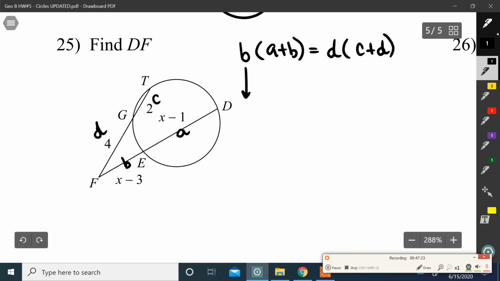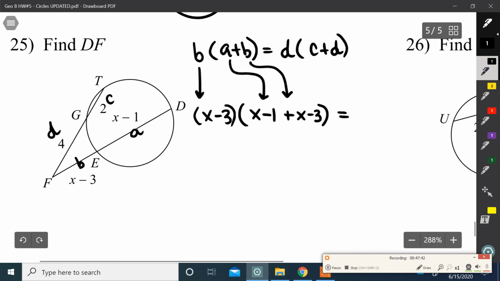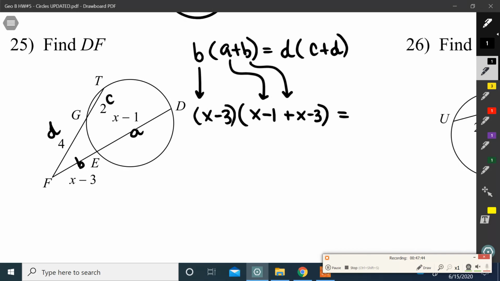So B in this case will be x minus 3, and I do like to put parentheses in there. The A in this case will be x minus 1. The B is x minus 3, which is equal to, well, D.